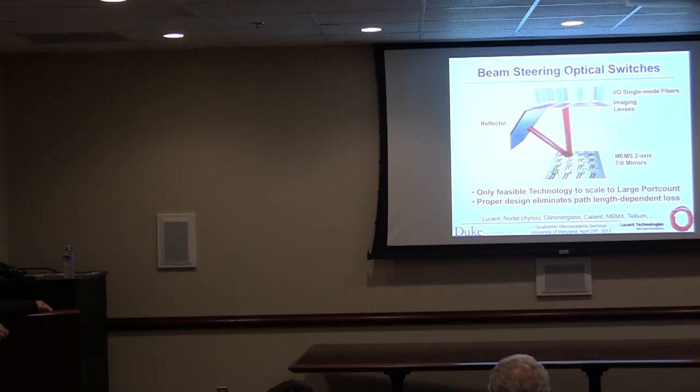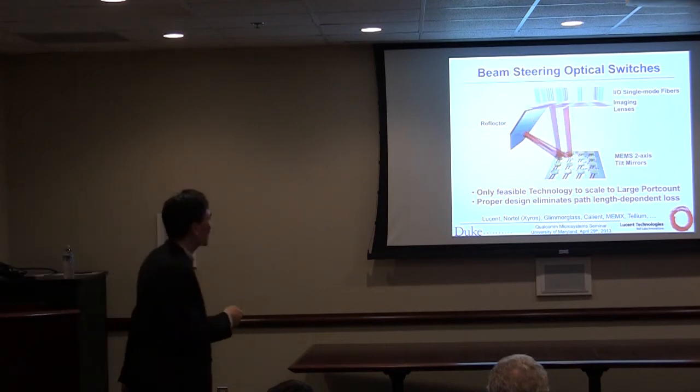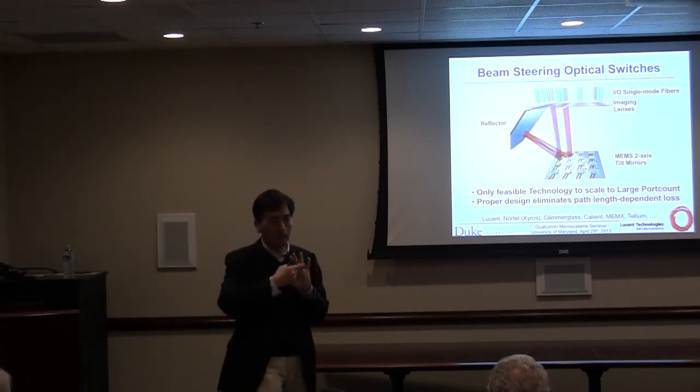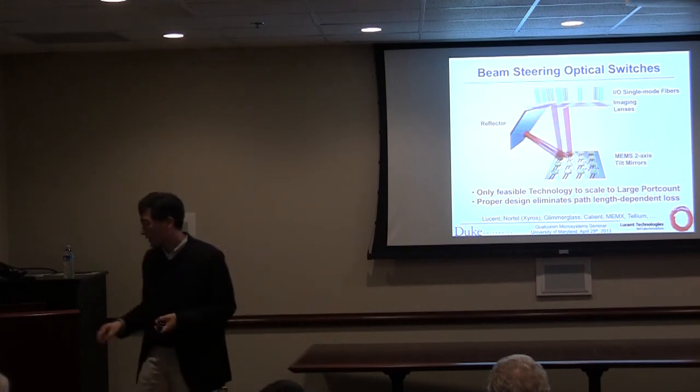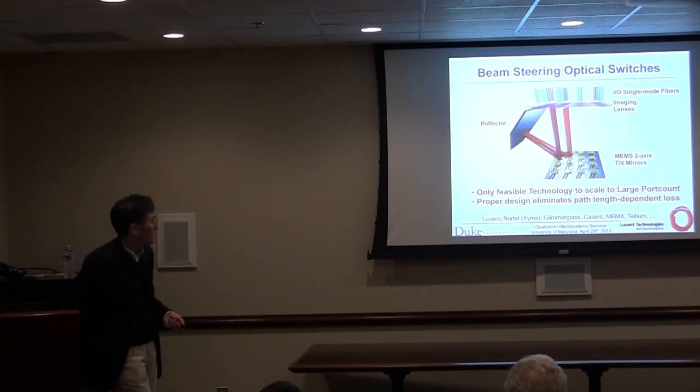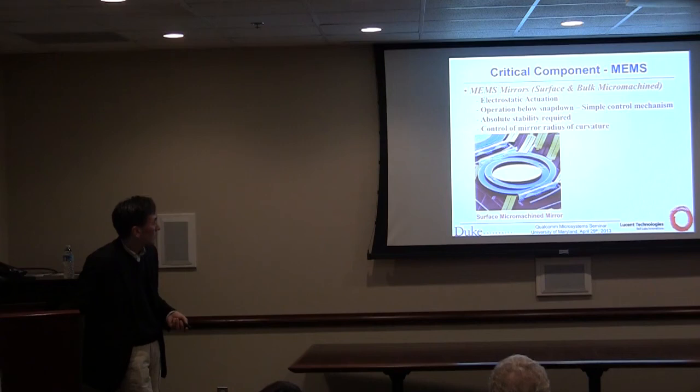People were thinking about making large arrays of fibers, half of them used as optical inputs and half as optical outputs. You would collimate the beams using micro lenses and hit them onto a tiltable MEMS mirror. These small micro mirrors would tilt and steer the beams to the output that you want. Then we can make a very large scale input and output optical switch. And that indeed can be done.